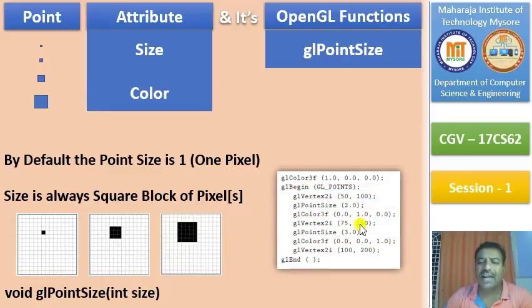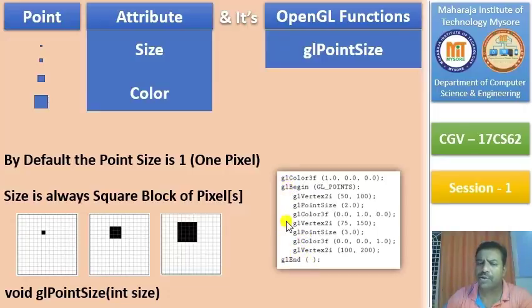This is an example of exactly how glPointSize should be used. I have glPointSize 2.0 and glPointSize 3.0, so I am giving different sizes for different points. I can use glPointSize outside glBegin or inside glBegin, but make sure it's in these two places.